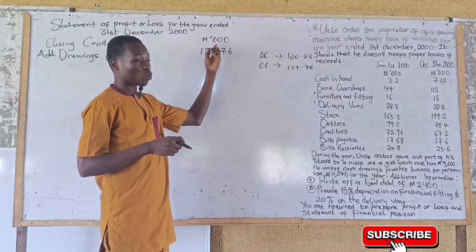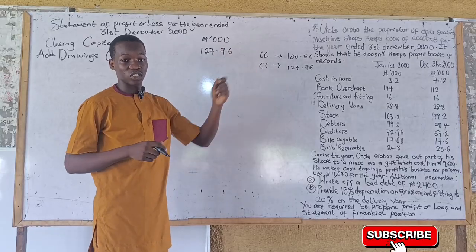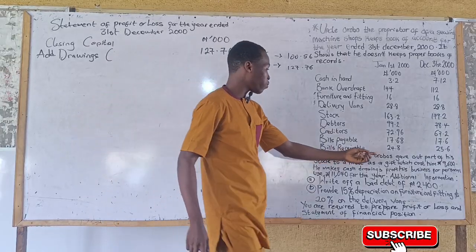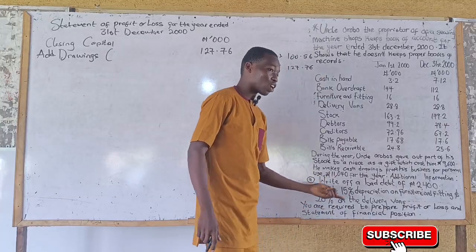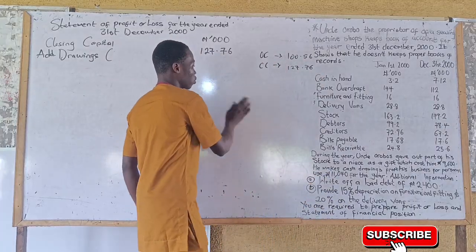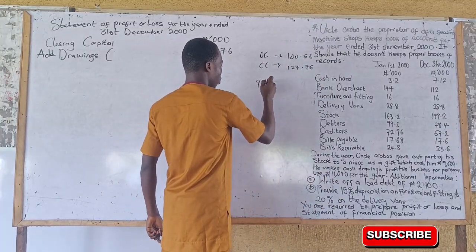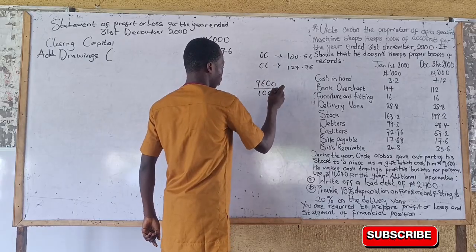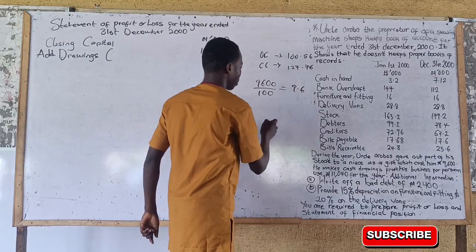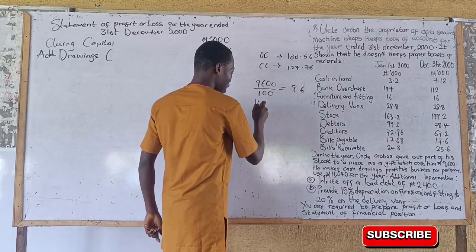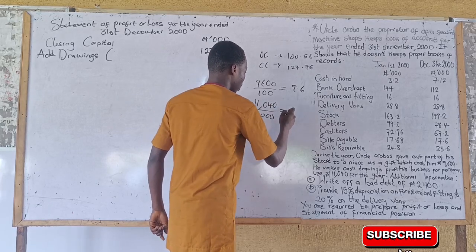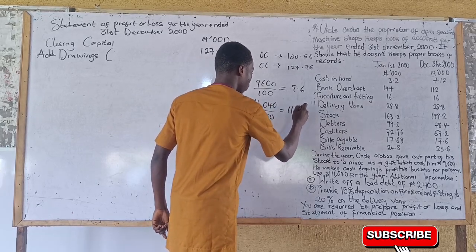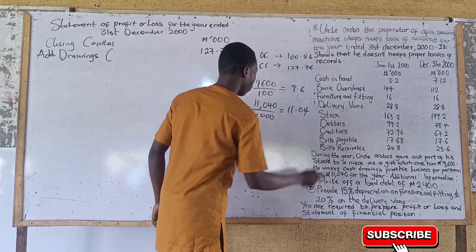That's why we are having 100,000 here. Therefore, these amounts, 9,600 and 11,040, will be divided by 1,000. The first one, 9,600 divided by 1,000, is 9.6. The second one, 11,040 divided by 1,000, is 11.04.